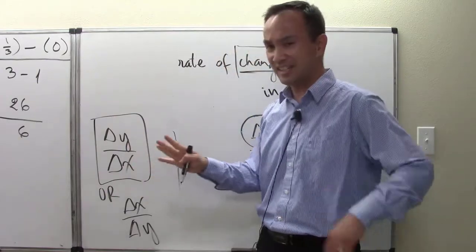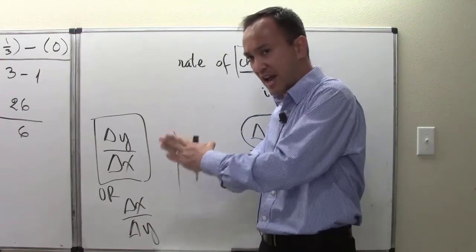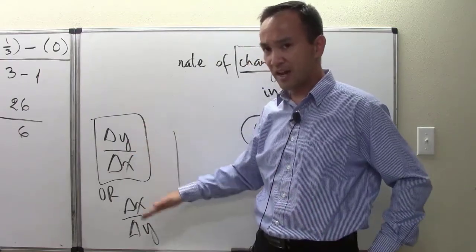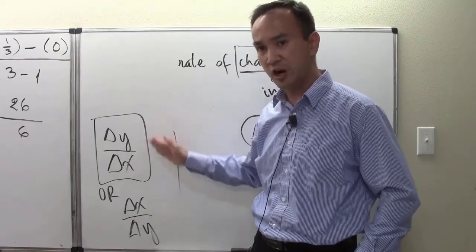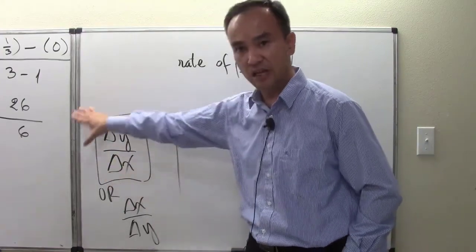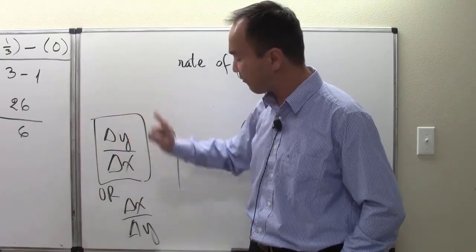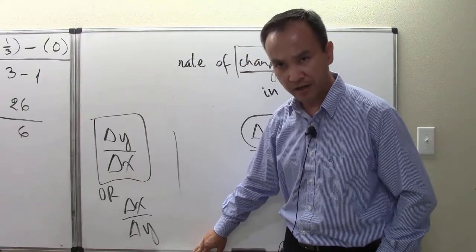Okay, because as I said, simply having two different changes, changes in the x values and changes in the y values, we could have ended up with two different forms of a ratio between the two changes. But why did we specifically stay with this one right here, the delta y on top in the numerator of the fraction, and the delta x in the denominator of the fraction?